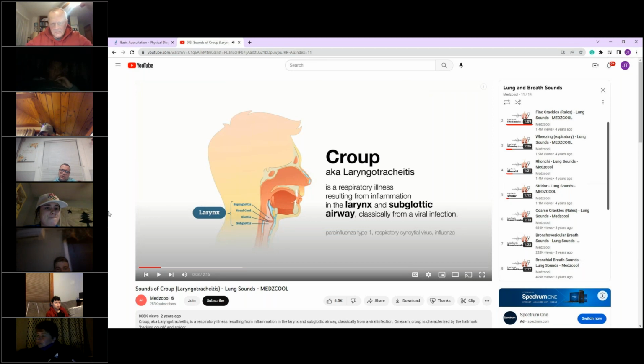So if you look on the video here, you actually get a pretty good picture there of your glottic opening and your glottis there. That's that little flap we talked about earlier that can block the airway. In a child with croup, effectively there's swelling, which is what's causing these lung sounds.